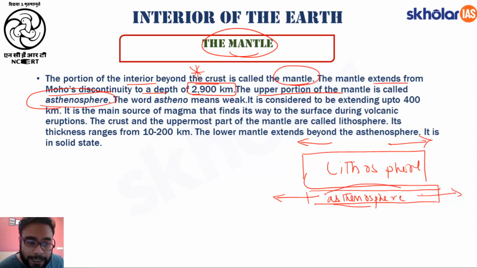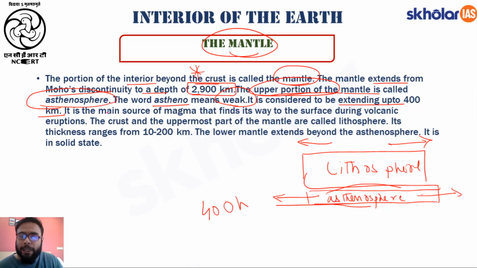And where is this asthenosphere present? It is present in the upper portion of the mantle just below the lithosphere. Fine. The word astheno means weak. It is considered to be extending up to 400 kilometers. So up to what depth do we find the asthenosphere? We find it up to a depth of 400 kilometers, and it is the main source of magma that finds its way to the surface during volcanic eruptions, right?